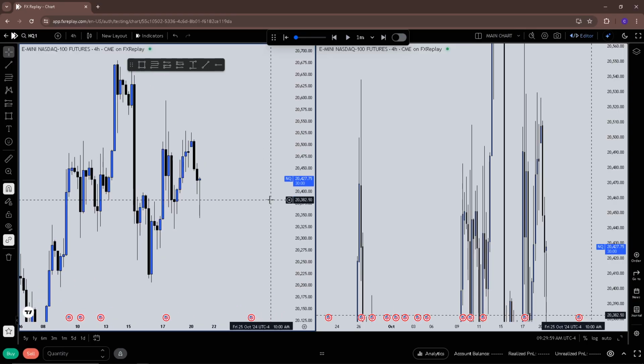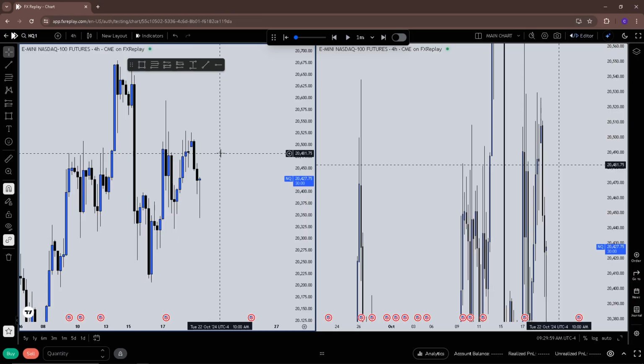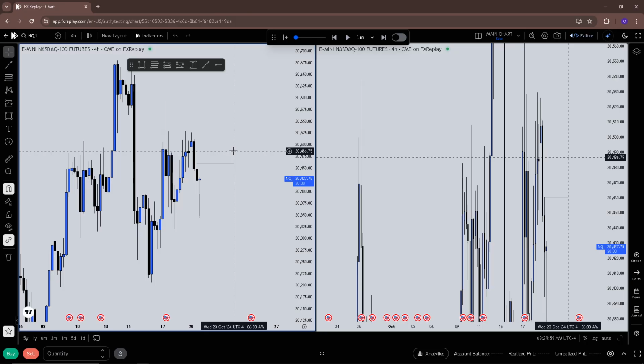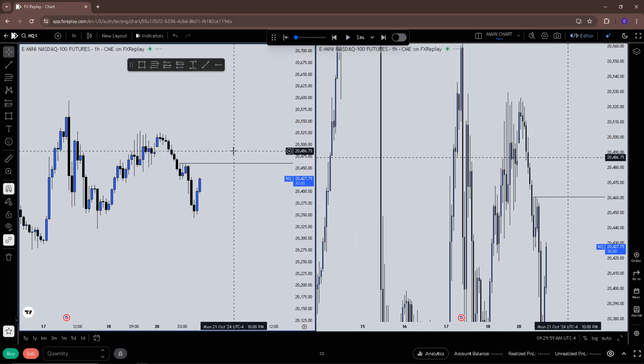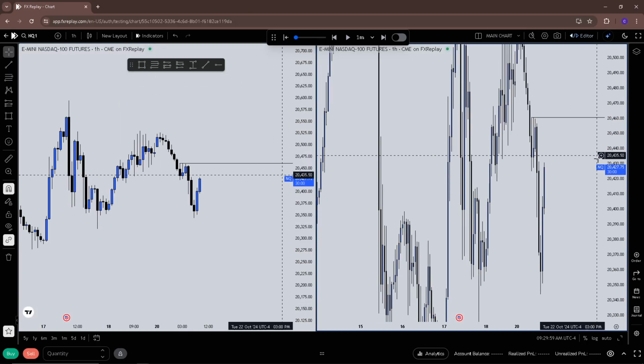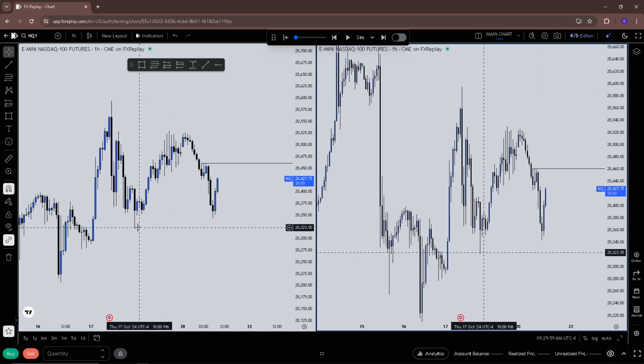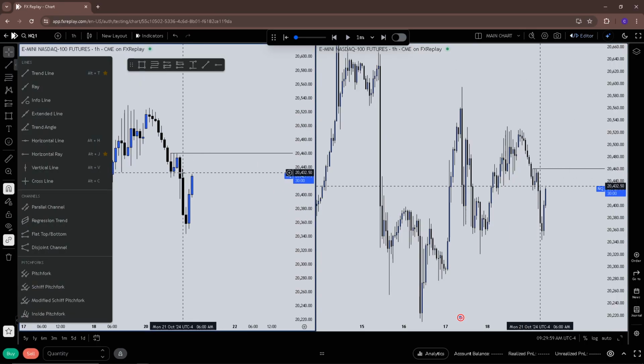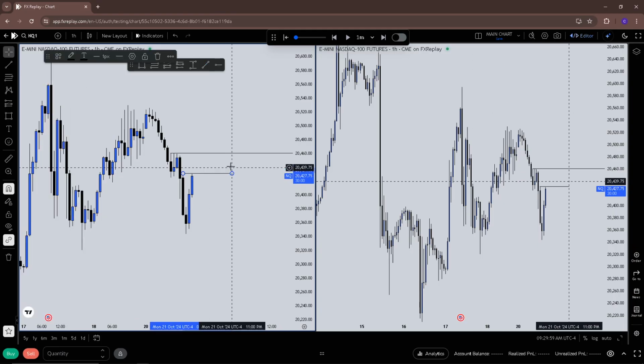Alright, we're delivering at all these lows. Just inverse this hourly gap to the upside. We do have an hourly gap up here.